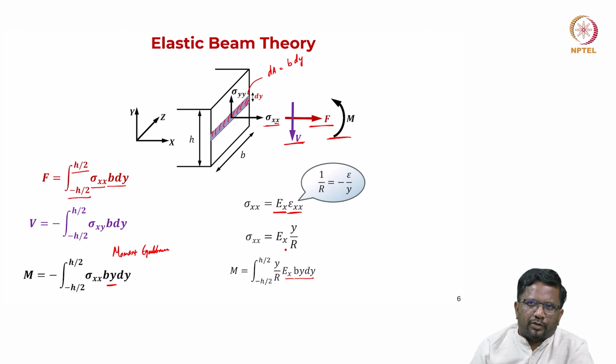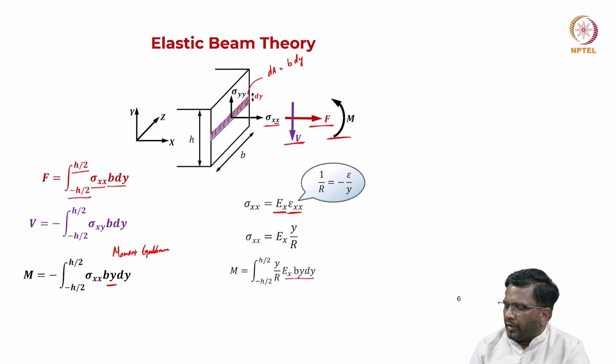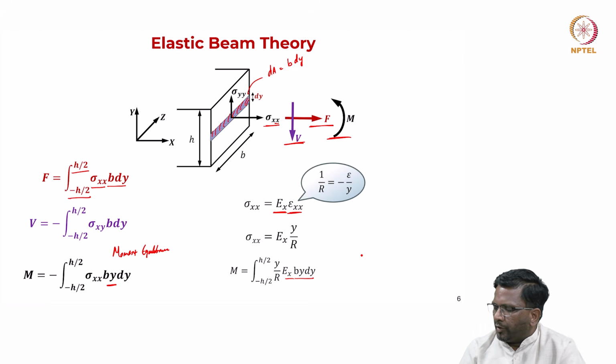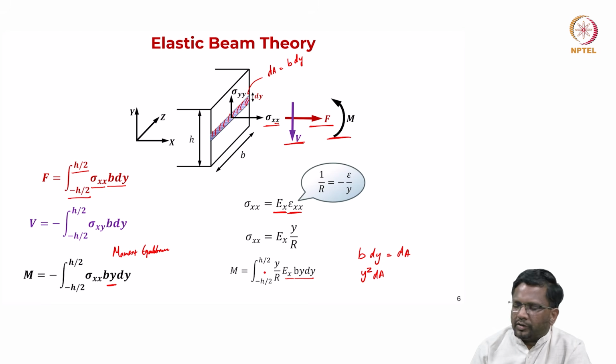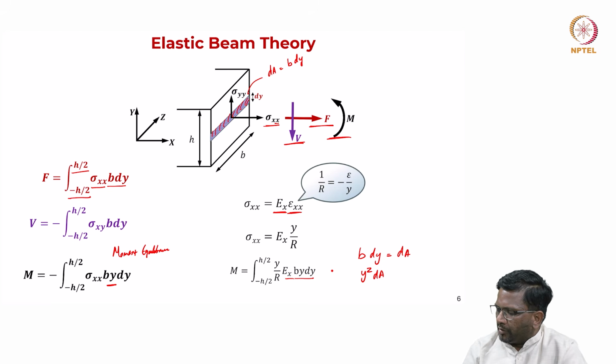We know that strain is equal to y by r. When you do that, b into dy is nothing but dA, and multiplying by y it becomes y square into dA, and all the other constants we can take out, which gives E by r times the integral from minus h by 2 to h by 2.